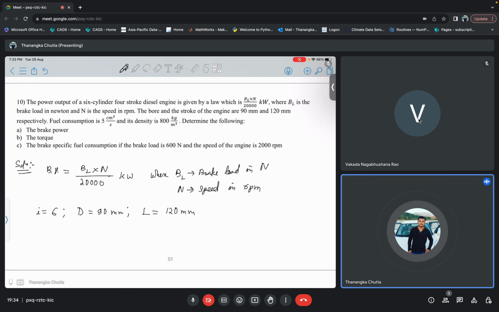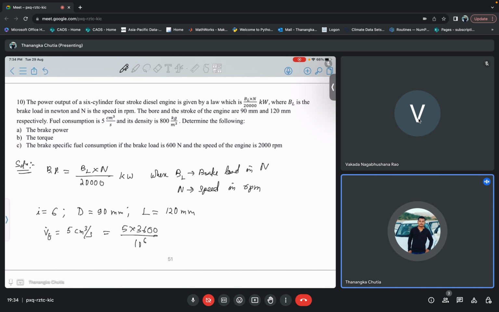One more thing is given to us as the volumetric flow rate of the fuel, 5 centimeter cube per second, and another thing that is given is your density. So you can convert this one in meter cube per hour also. So it will be nothing but 5 into 3600 divided by 10 to the power 6, centimeter cube to meter cube.